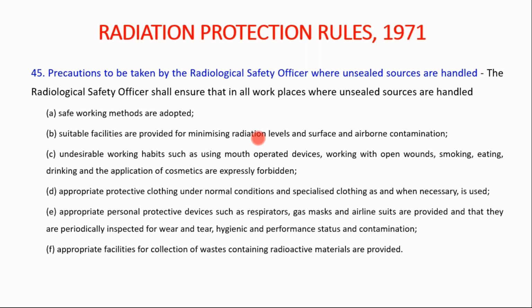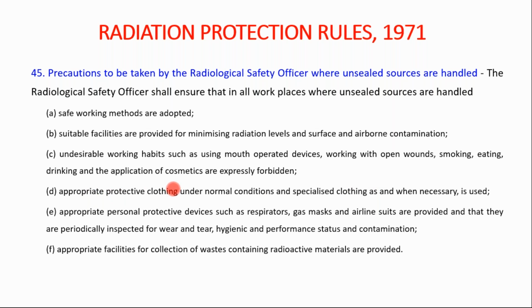Undesirable working habits such as using mouth operated devices, working with open wounds, smoking, eating, drinking, and the application of cosmetics are expressly forbidden. So all these wrong habits should be avoided in the handling of radiation sources.